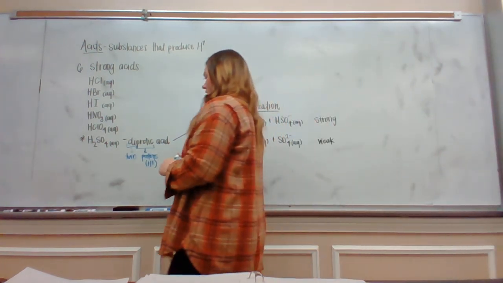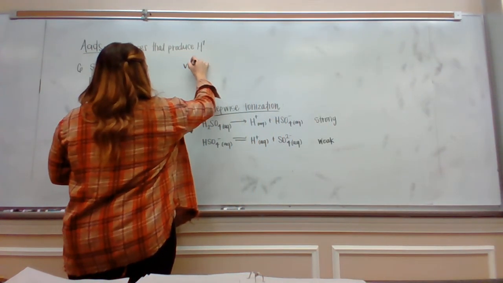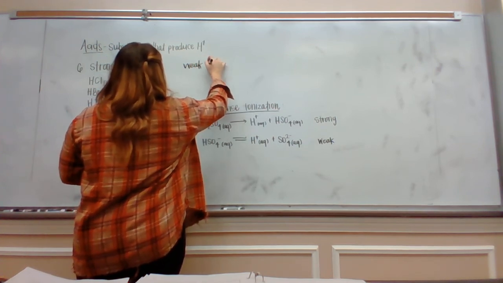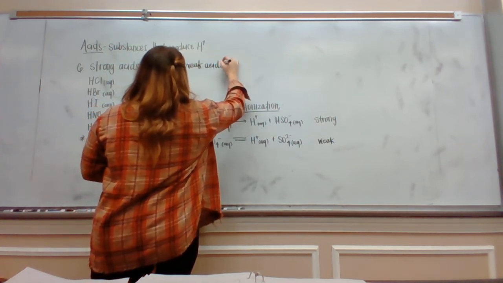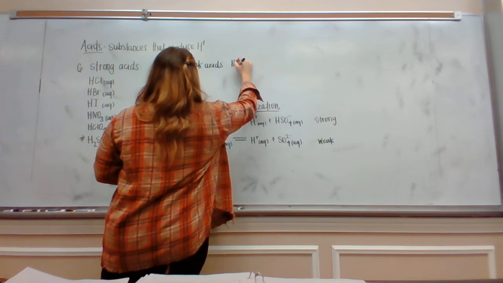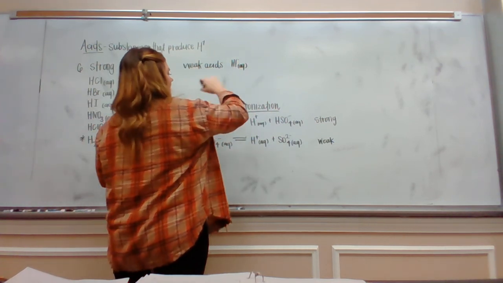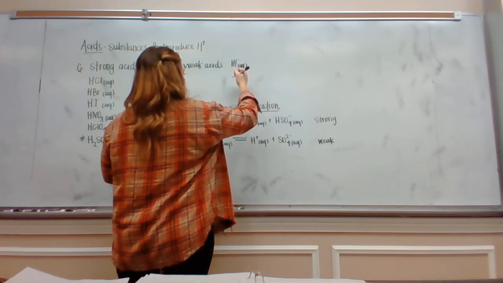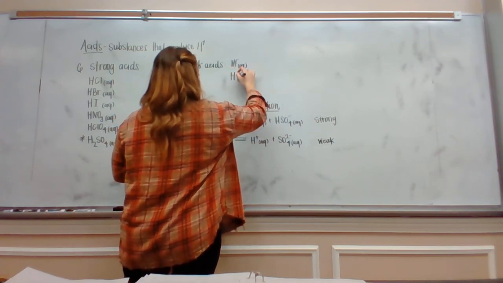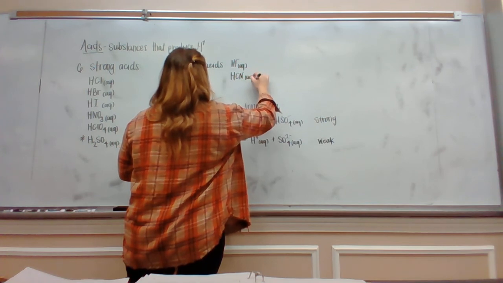Just to give you some examples. There are a lot of weak acids, but HF is a weak acid, hydrofluoric acid. HCN, hydrocyanic acid.